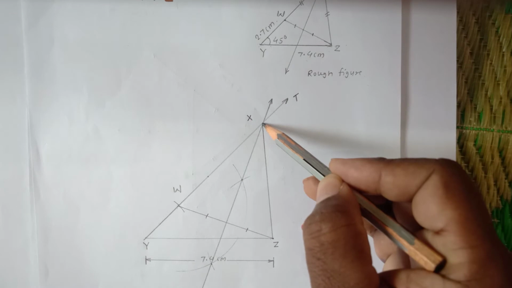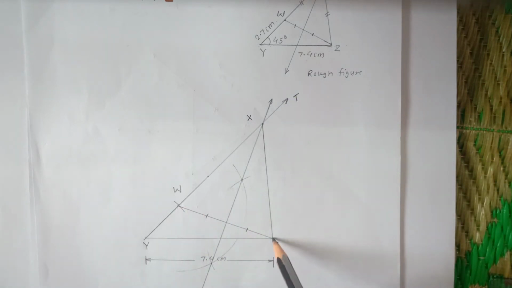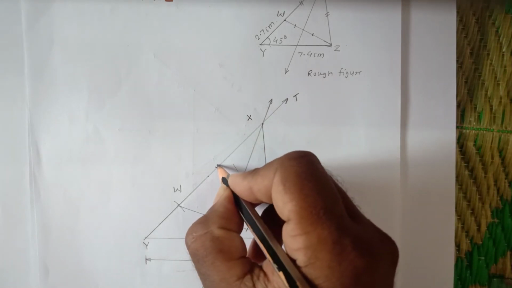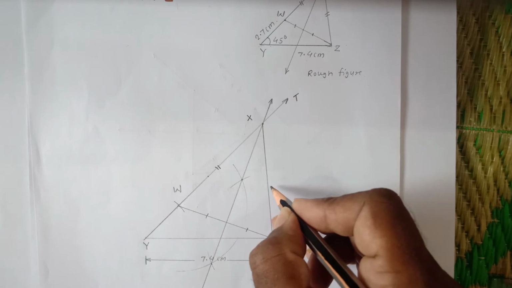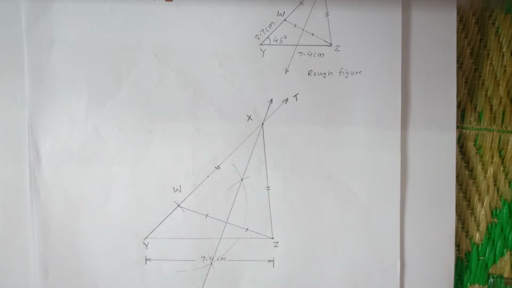Therefore point X is equidistant from the points W and Z. Therefore segment XW and segment XZ are congruent.